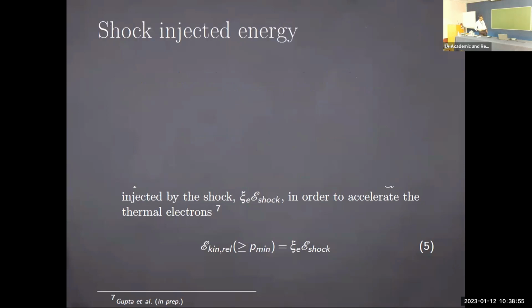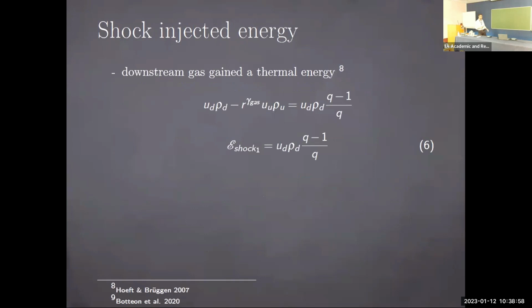The first one is computing the downstream energy, the energy gained by the gas in the downstream, considering the adiabatic process. With this one can compute the shock energy. This Q is the entropy ratio, the entropy in the downstream divided by the entropy in the upstream. It is again closely correlated with the compression ratio and the gas density, but it is a very complex relation.